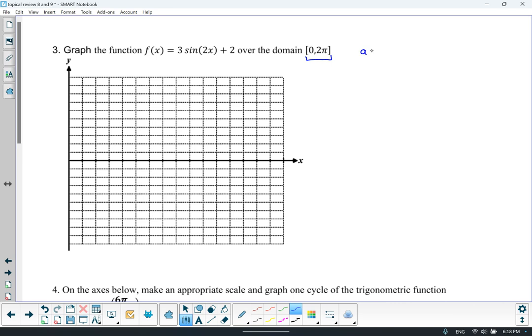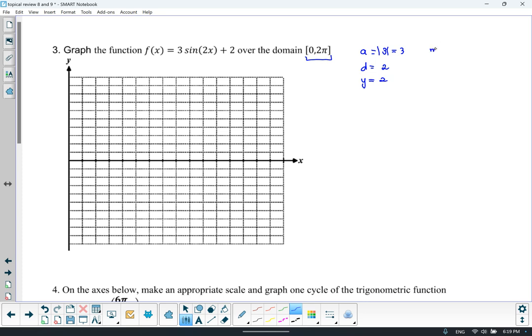So our amplitude is the number that comes in front of the function, and it's always positive. So in this case, it's 3. The vertical shift is either added or subtracted to the function. Sometimes it's in front of the function, not in this case. That leads to the midline of y equals 2.